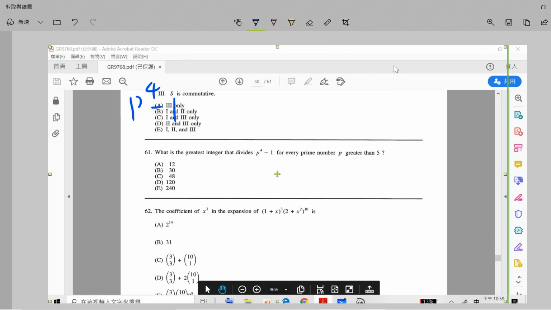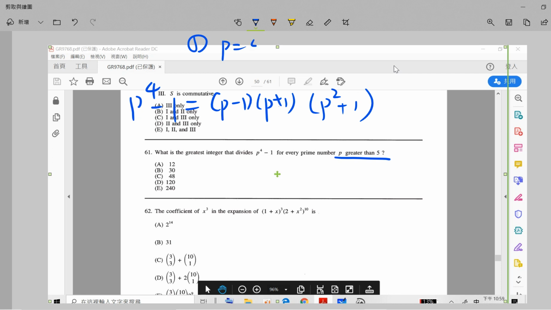This p to the 4 minus 1 can be written as this. Since p is greater than 4, there are two kinds of prime numbers greater than 4: one is the 4k plus 1 type, and one is the 4k plus 3 type.